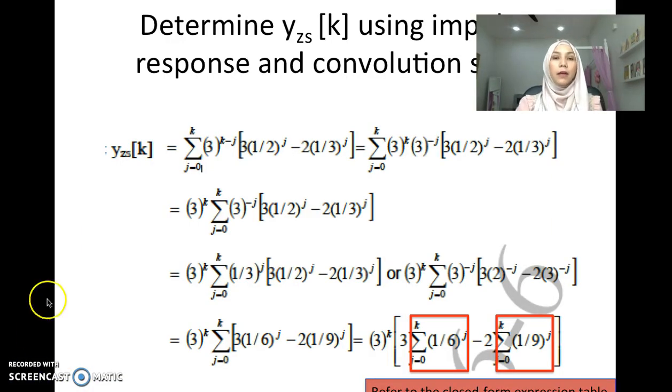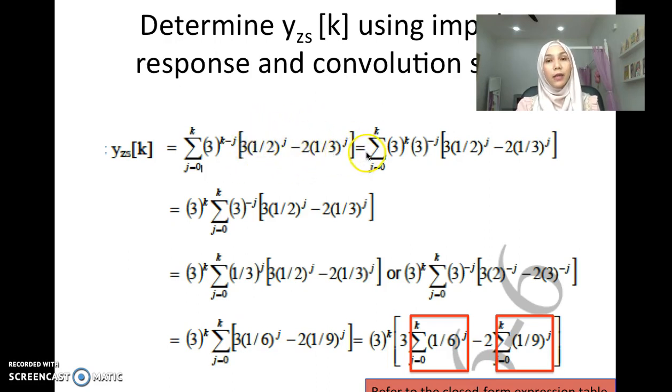Okay, then y_zs[k] equals, you substitute the input and the impulse response into this equation. So from j=0 to k, 3^(k-j), which is the input, times (3(1/2)^j - 2(1/3)^j). So this is the impulse response.